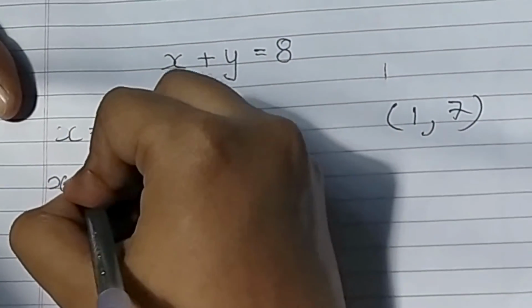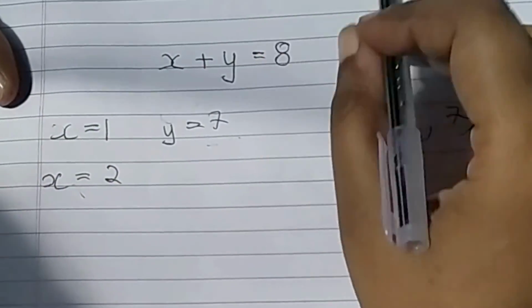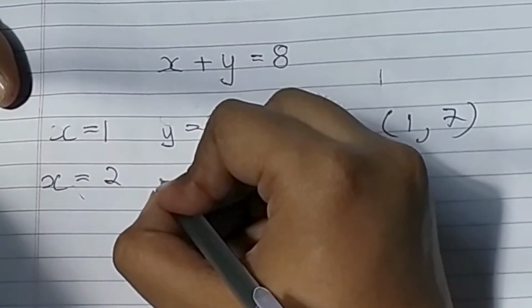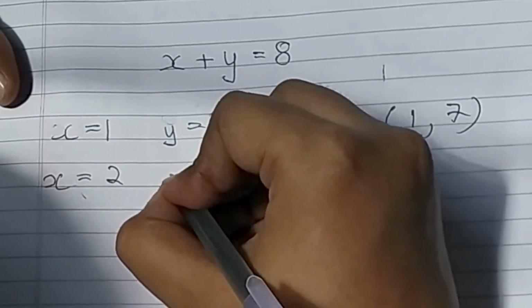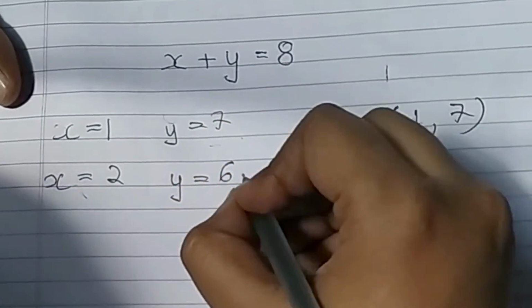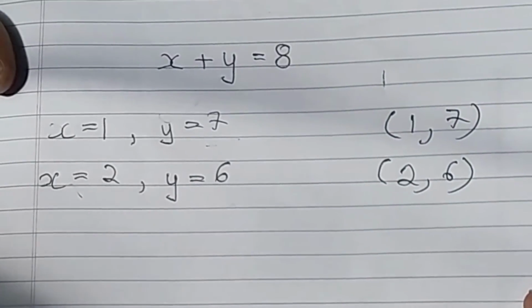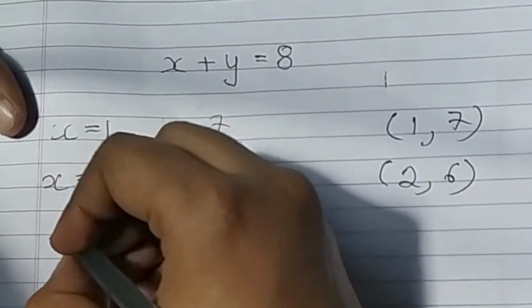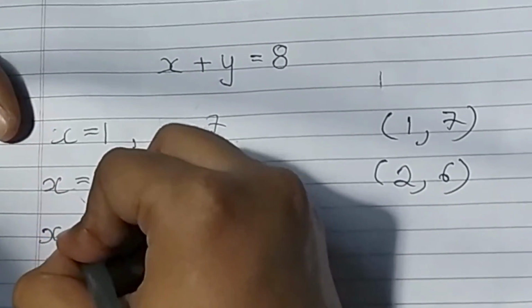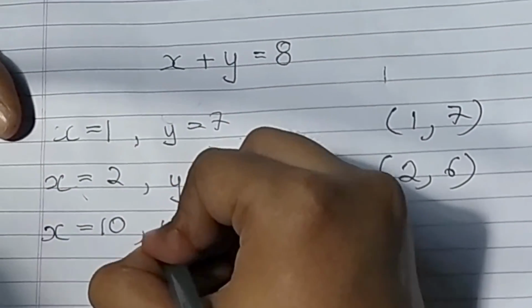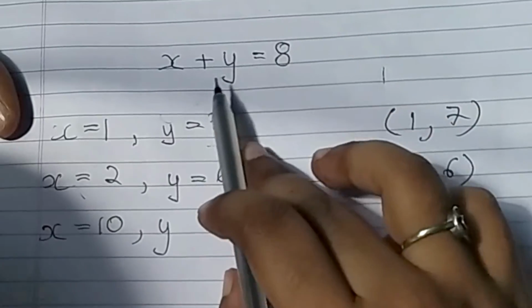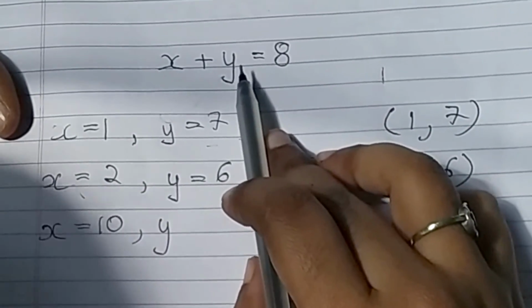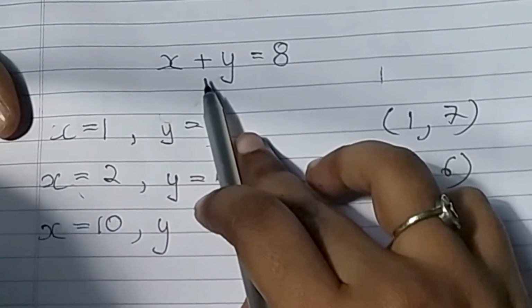Okay. x equal to 2. If we take x as 2, then y will be how much? y equal to 6. Now suppose we take x as 10. If x equal to 10, then y will be minus 2, right?